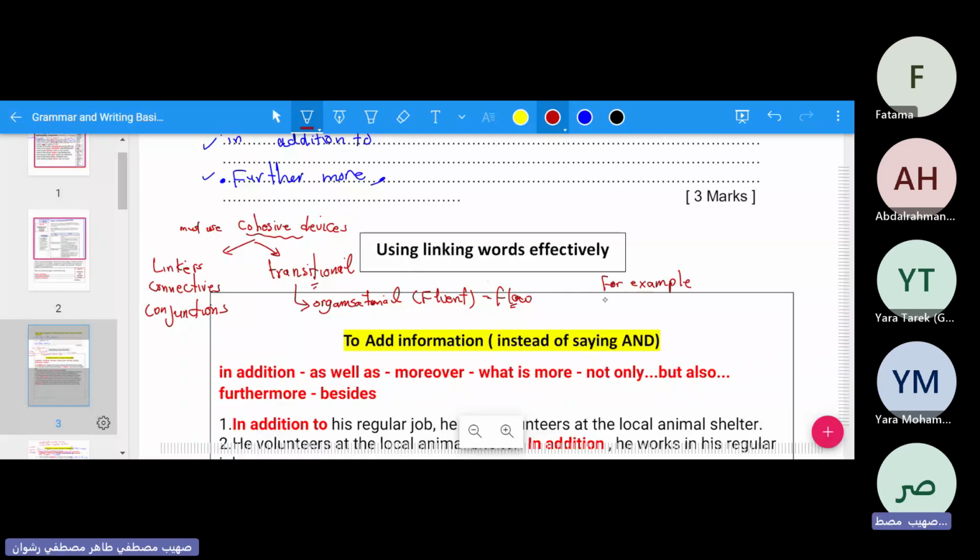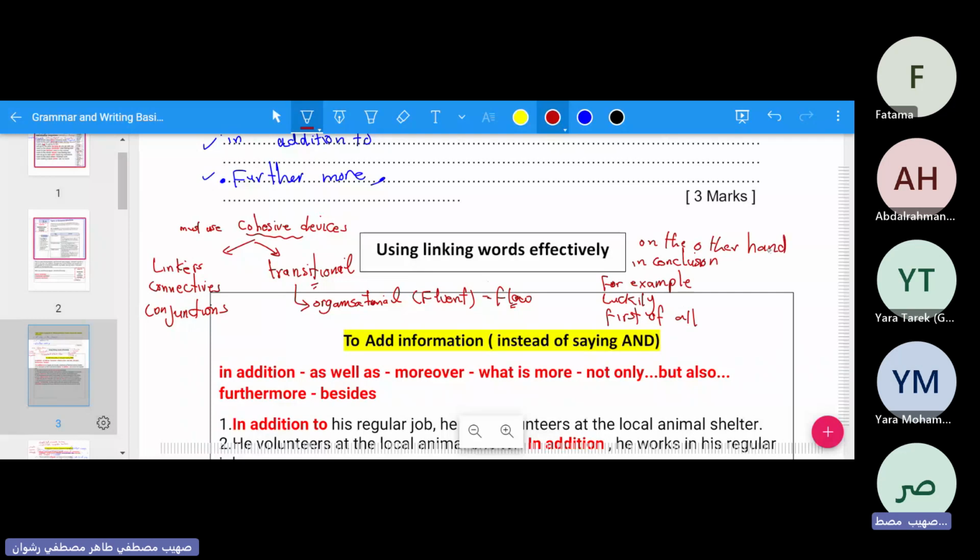Also, we can use the adverbs like luckily, like first of all, like in conclusion, like on the other hand, okay, and other phrases we'll study in detail, inshallah.